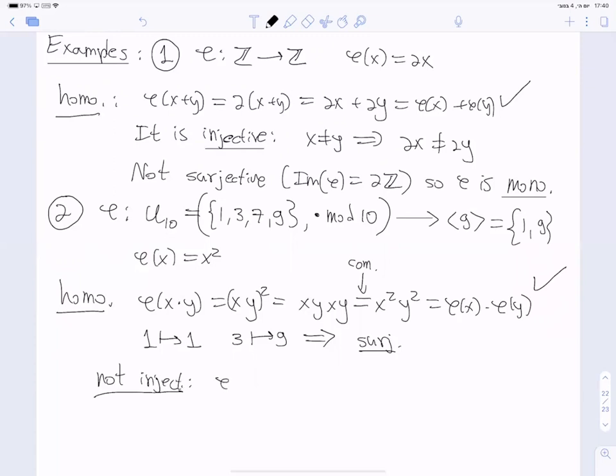Phi of 9, because 9 squared is 1, is like phi of 1. So it's not injective. We have the same image for distinct sources. So actually it's an epimorphism.